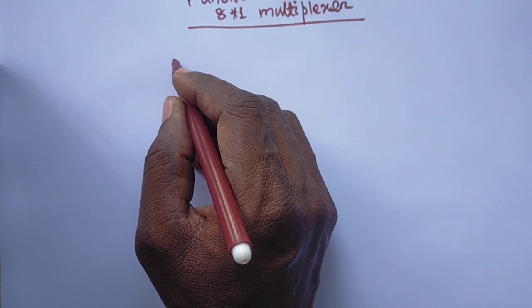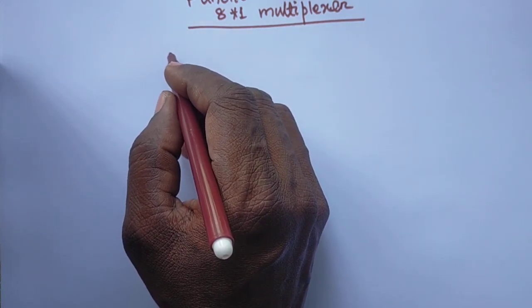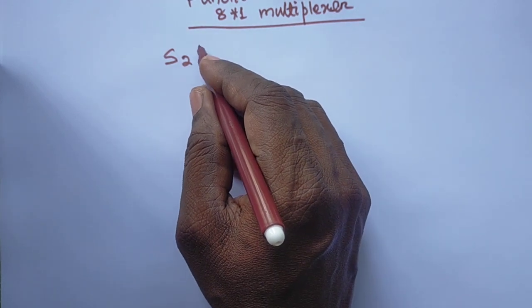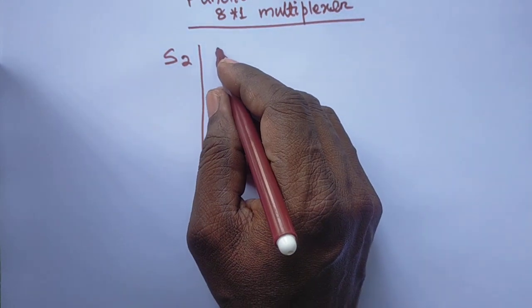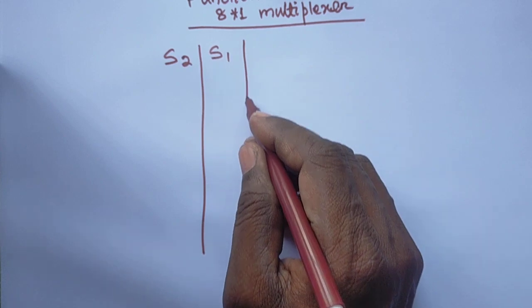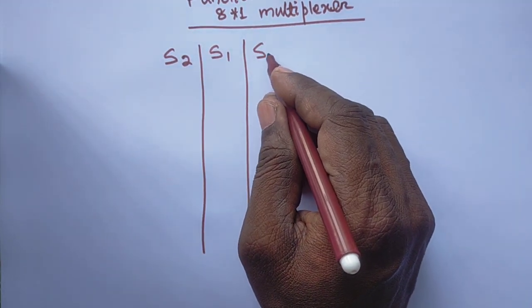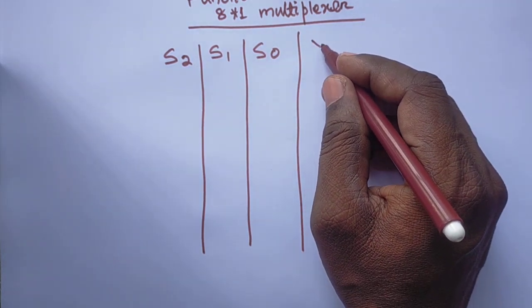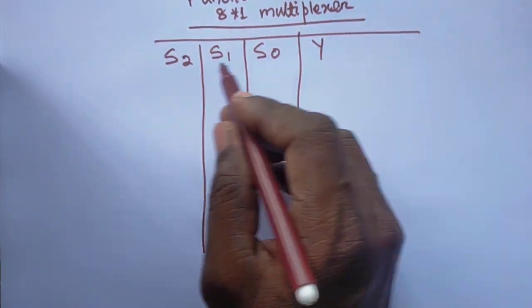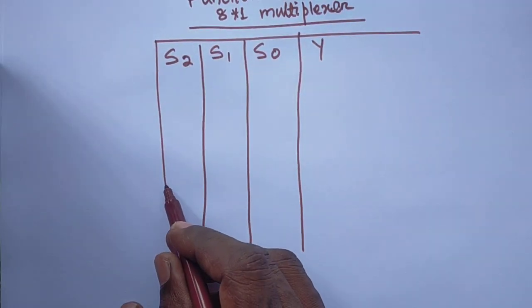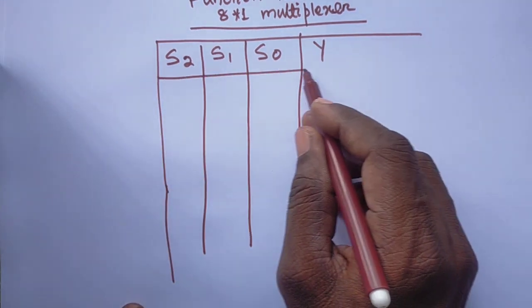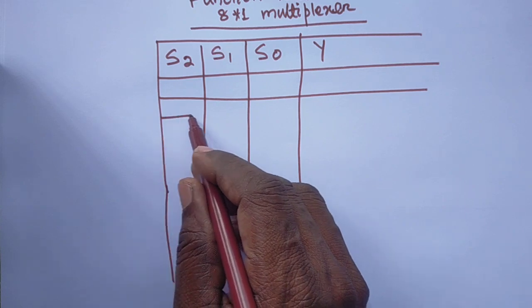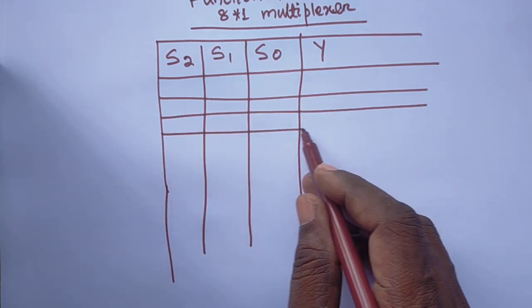So in a very simple way, on the left hand side we write S2, here is S1, here is S0, and here is Y. Okay, now you see how it will be considered.